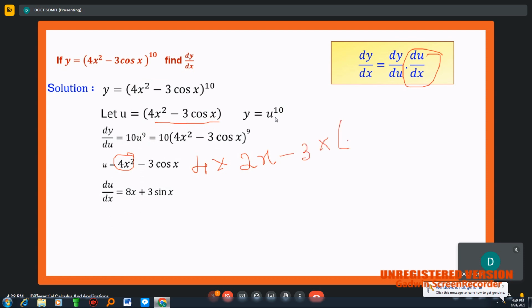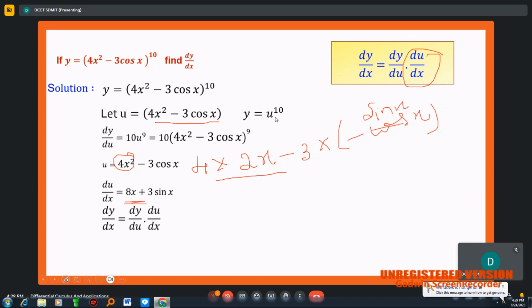Differentiation of cos x is minus sin x. Now, minus into minus is plus. Therefore, 4 into 2x is 8x plus 3 sin x. Now, du by dx is equal to 8x plus 3 sin x.